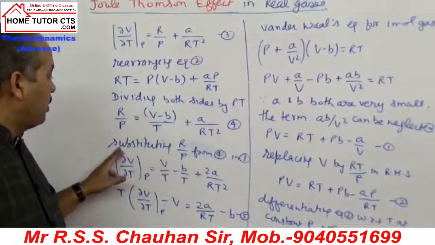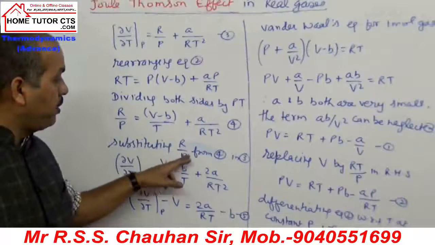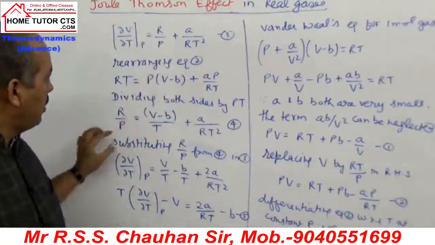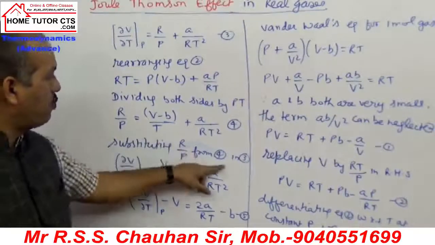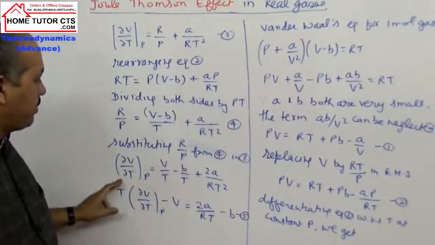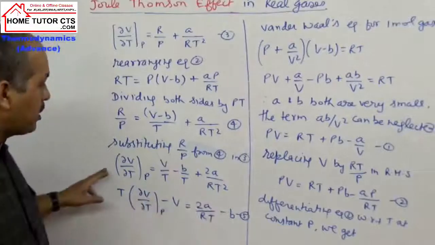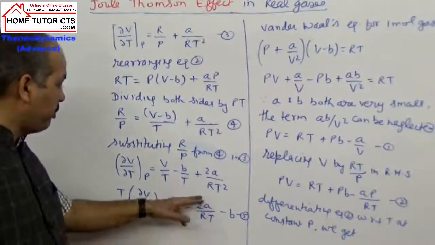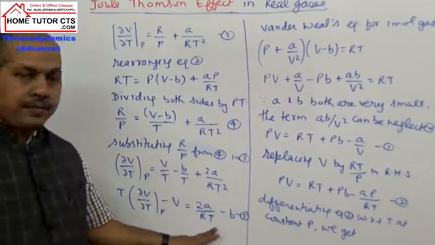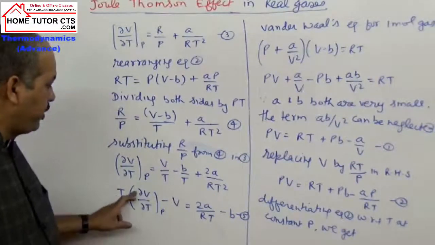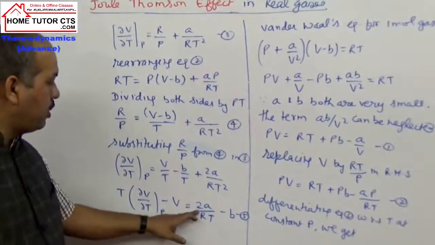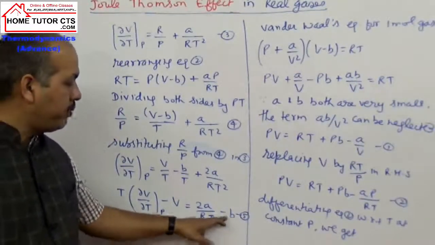Now putting the value of R upon P from equation 4 into equation number 3, what do we get here? We get this expression, and this equation can be simplified in this form: T into del V by del T at constant pressure minus V is equal to 2a upon RT minus b.